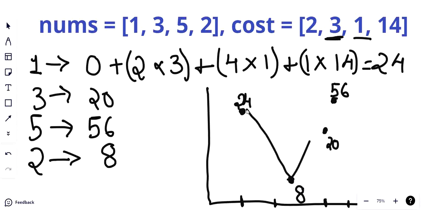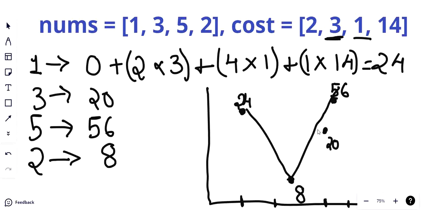So if we join these points, we can see this is a sort of convex graph, or we can say that our cost function is a convex function.